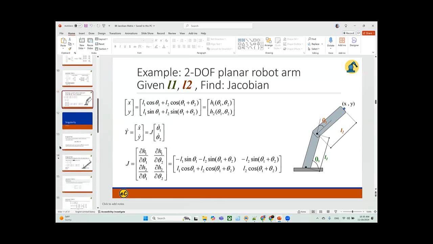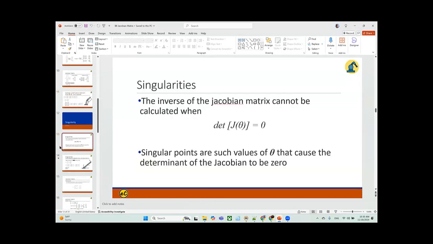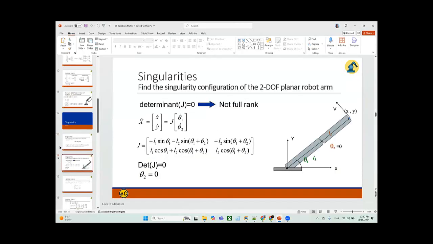Okay, so singularity. Before we discuss something else, let's look at singularity. What is singularity? Singularity means that you lose some degree of freedom. Say right here, originally your equation has two degrees of freedom. But now if your θ2 is kept at 0, that means you only have one variable that is doing the effect. That is singularity.